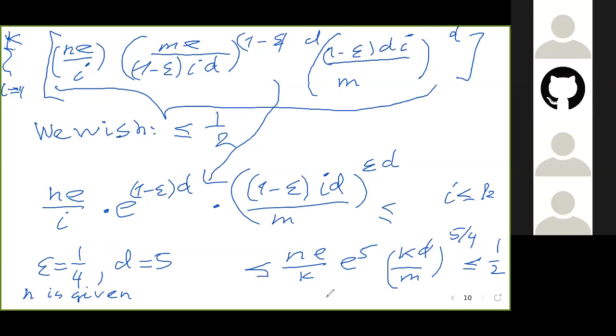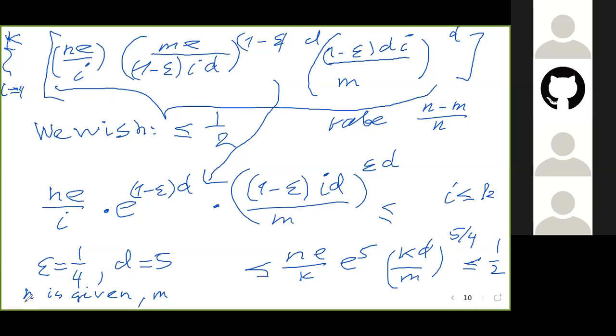Then we can choose the rate of our code arbitrarily. So we assume that also m is given. The rate of our code is n minus the number of equations, which is the dimension, over n.